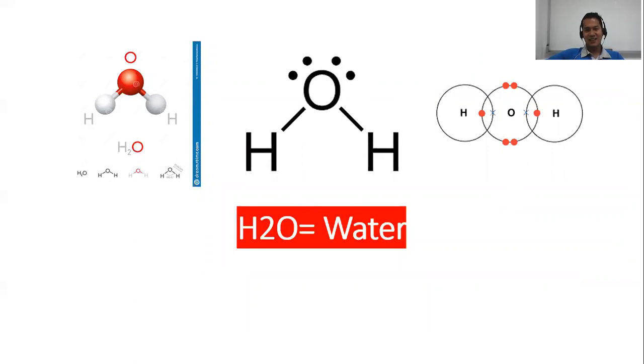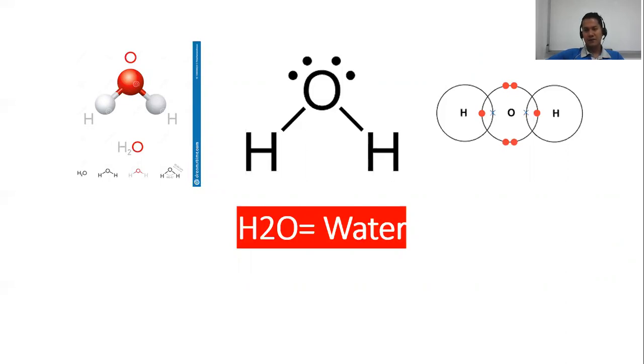Let's take a look at the dot and cross diagram. Like what we have known before, hydrogen is in group 1, period 1, so it has 1 valence electron. Let's apply the octet rule.